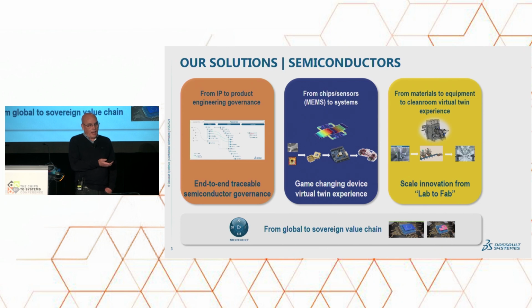So our strategy for semiconductor companies is based on three main pillars. The first one, I would call that the what, is the blue axis that is in the center. So this is about the device, and this is about how you can create a virtual twin experience of the device. Let's take the case of a sensor or of a MEMS, and you are able to represent completely accurately the device, and you are able to predict any behavior the device can have during its use.